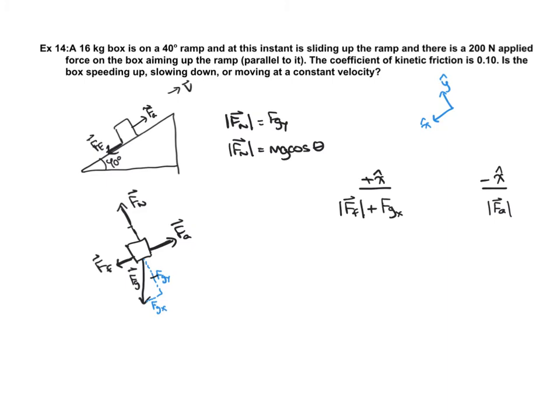So I'll start with the positive x direction. The formula for friction is mu times normal, and the formula for the x component of gravity is mg sine theta. I'll make a little substitution here. I'll call the normal force equation equation 1 and sub it into this expression.